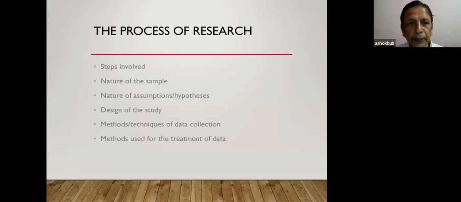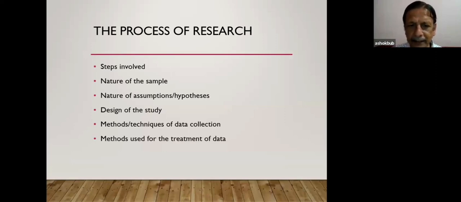Now, when we talk in terms of the process of research, there are several stages. We go with certain assumptions or hypotheses. So we identify a problem, and based on the problem, we write the objectives and hypotheses. Based on the hypothesis, we also design a study, whether it is a correlation study, an experimental study, or a different type of research.